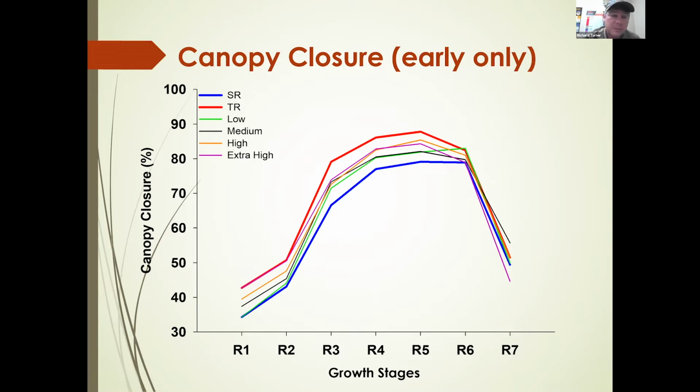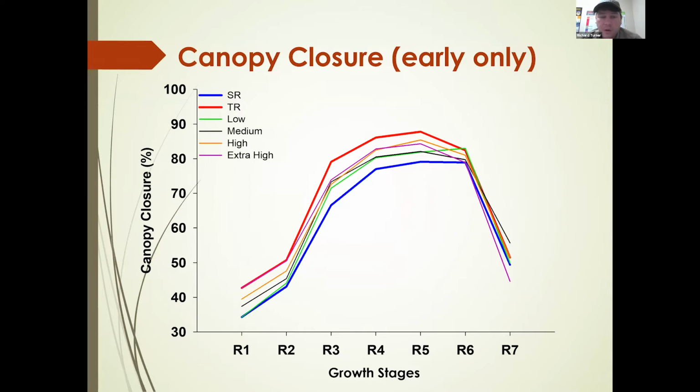Why is early in the season important? Most of our herbicides that we can actually use sprayed over the top, most of those cutoffs are going to be at that R1 time frame. So having the most canopy closure possible at that R1 time frame is very, very essential, because at that R1 growth stage, we don't have as many options to go back in and clean up messes if we were to have weed slips or something of that nature.